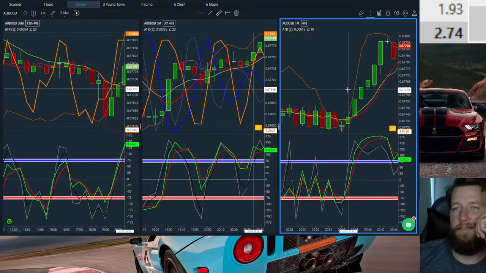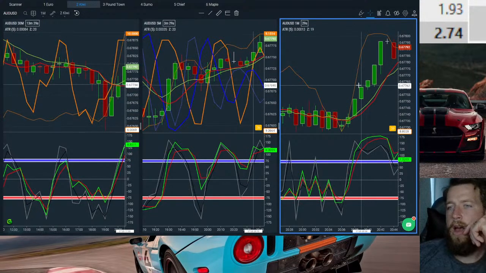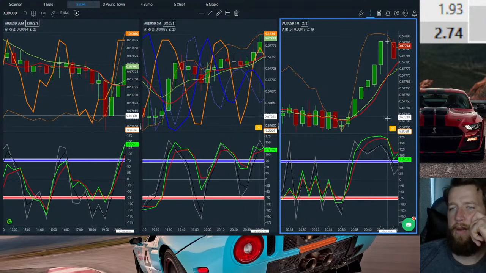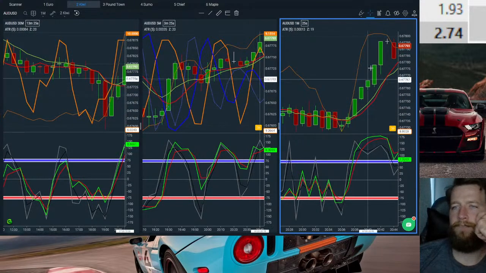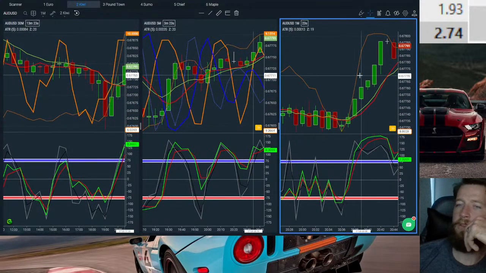But MT4 will let you play around with trailing stop losses and things like that. Something to play around with in back testing as far as seeing if you can get these bigger movements.